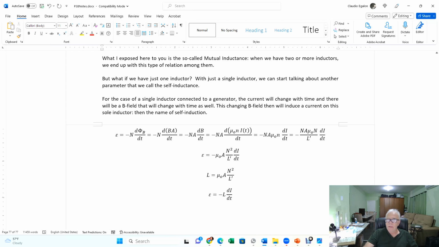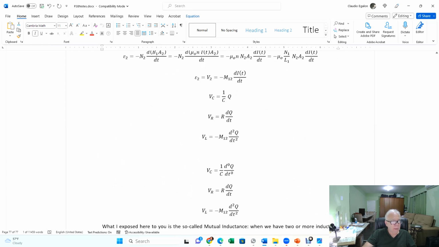This device is so important that we even give a special unit. You know, this parameter that you see here is so important that we even give a special unit to it, right? Let's line them down again.